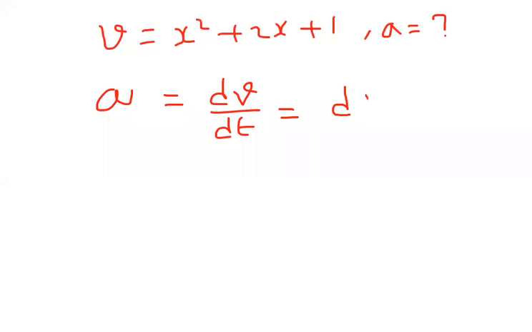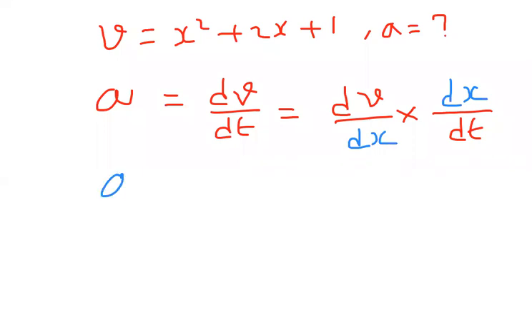Now I am multiplying the numerator and denominator with dx. So a is equal to dv by dx into dx by dt, and dx by dt is called v.